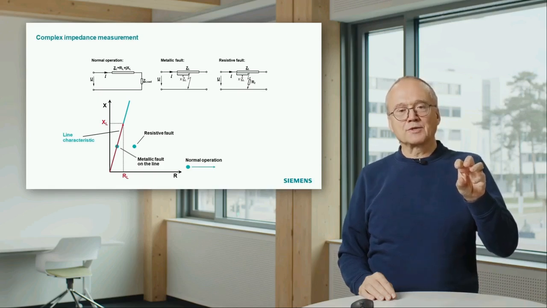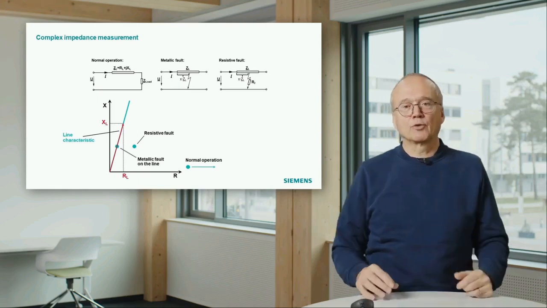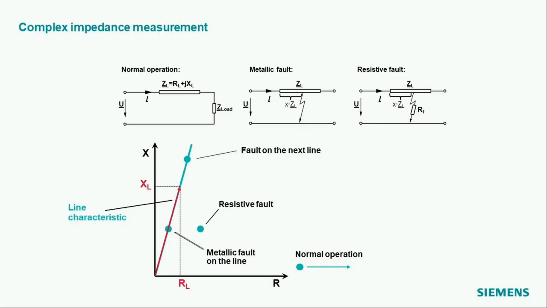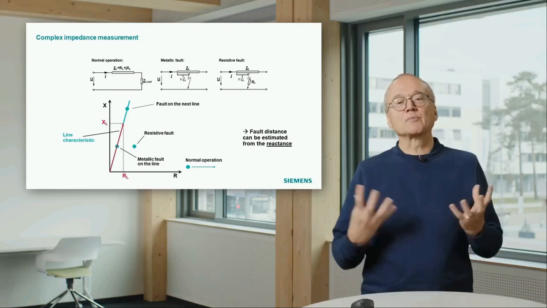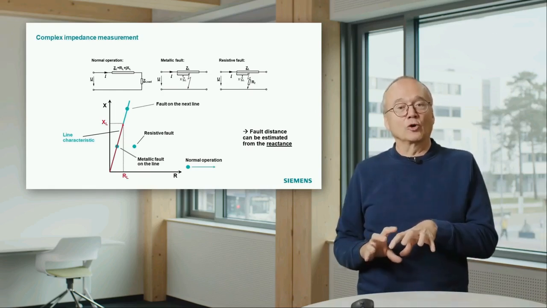If you have fault resistance, you move to the right. You move to the right the bigger the fault resistance is. And if you have a fault on the next line, you are somewhere there. That means, as a result of this discussion, we don't want to draw nice diagrams. What we want to do is make the decision: is the fault on our line or not?